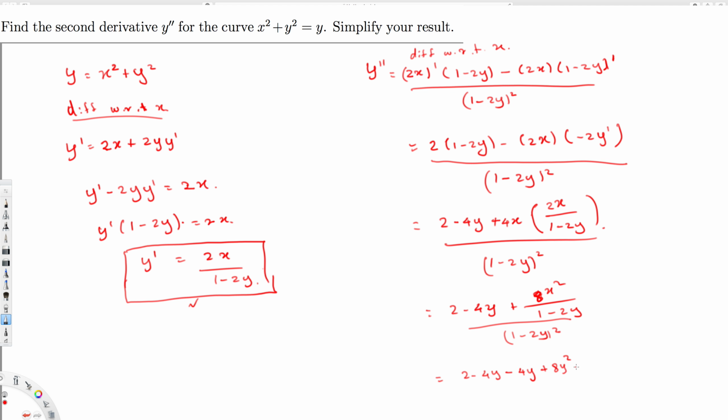So it's going to be 8y square from multiplying these two, then 8x square remains 8x square over 1 minus 2y squared.